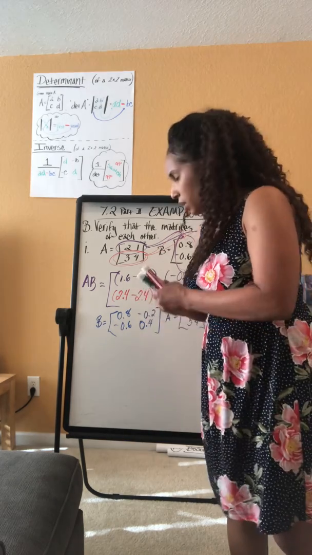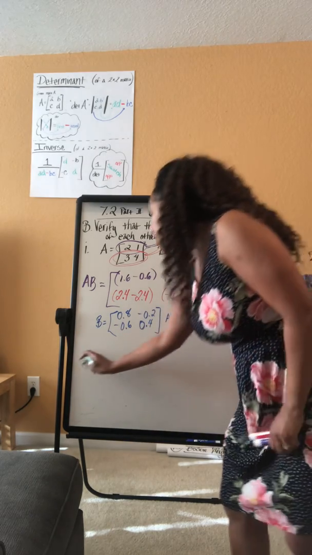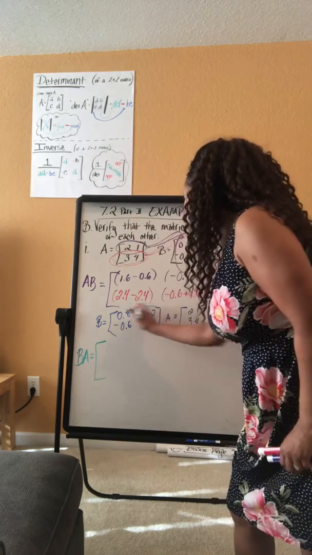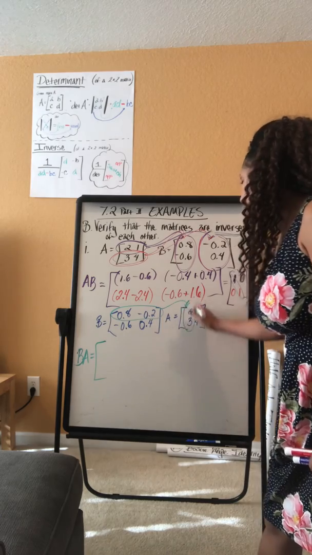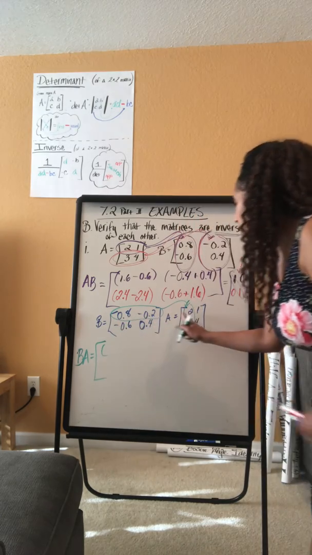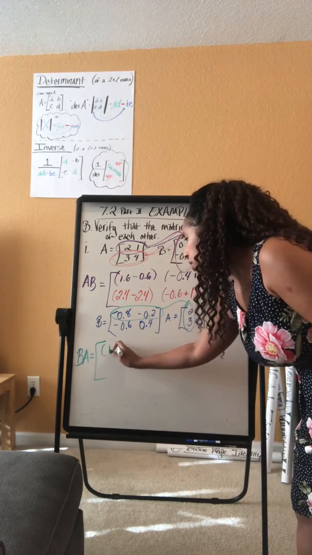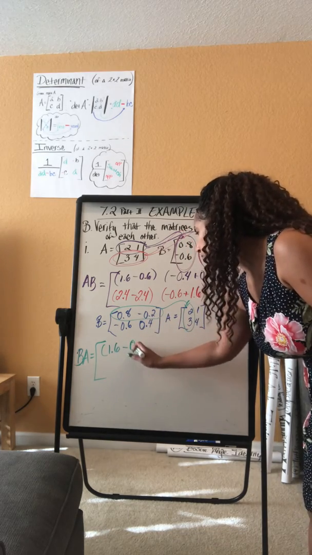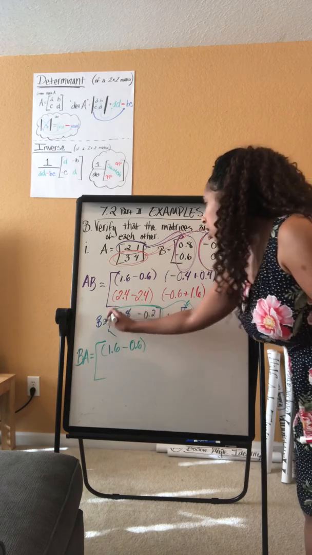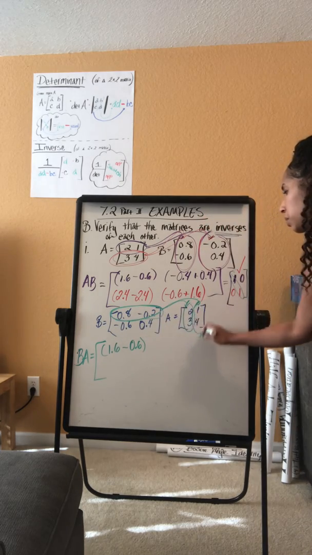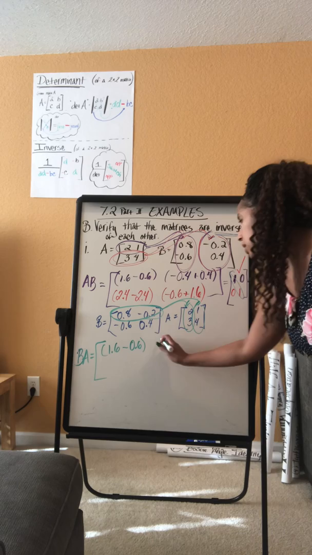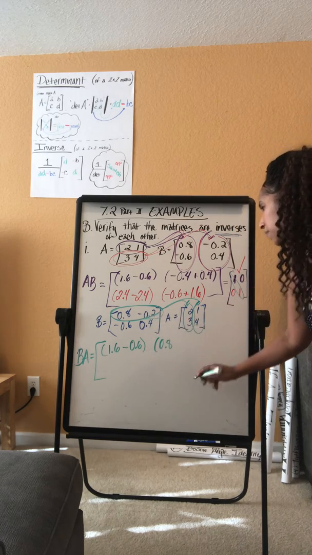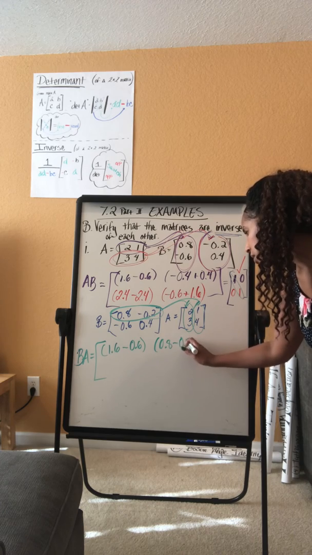Okay, so now for B times A. Across and down. 0.8 times the 2 is going to give me the 1.6. The negative 0.2 times the 3 is going to give me a negative 0.6. Across and down. The 0.8 times the 1 is going to give me 0.8. The negative 0.2 times the 4 is going to give me negative 0.8.